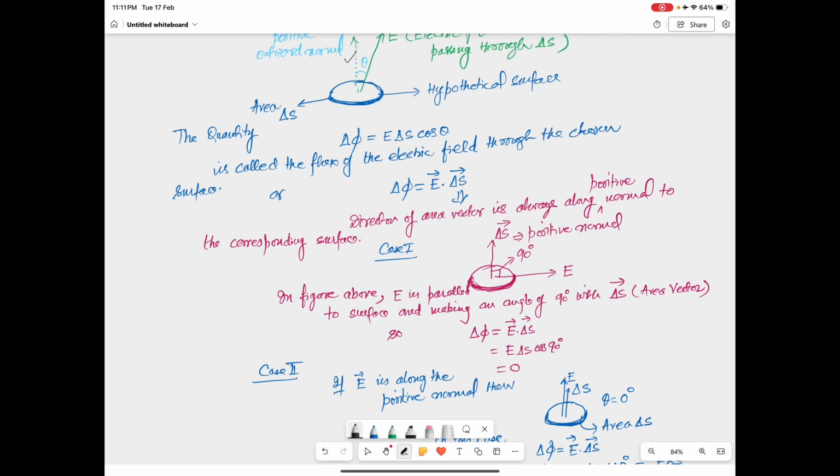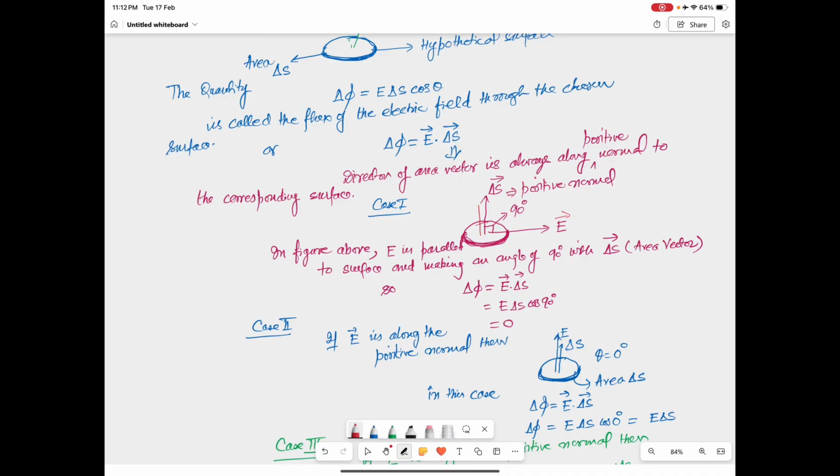Now there are different cases. Delta S is the outward normal, which you can see here. If E is passing parallel to the surface, then the angle between the positive normal and the electric field will be 90 degrees. Then delta phi, the electric flux through the small area, is the dot product of delta S and E, which is E delta S cos 90 degrees. But cos 90 degrees is 0.